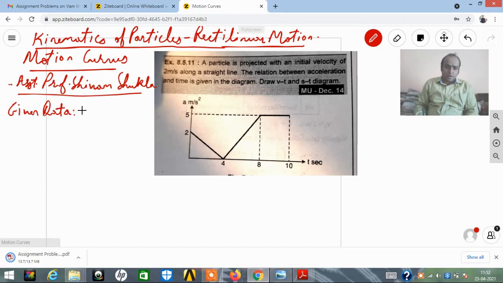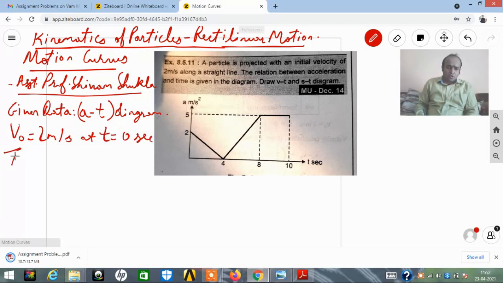first and foremost part is the AT curve, that is the AT diagram. What are we supposed to find? Apart from this, initial velocity of 2 meter per second, that is V0 is equal to 2 meter per second at t is equal to 0 seconds.